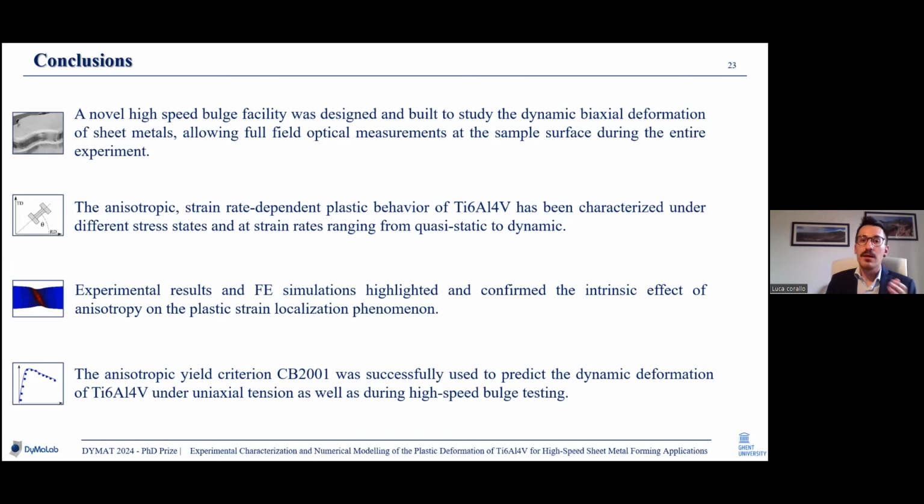Experimental results and finite element simulation highlighted and confirmed the intrinsic effect of anisotropy on the plastic strain localization phenomena. And finally, the anisotropic yield criterion CP2001 was successfully used to predict the dynamic deformation of Ti6Al4V under uniaxial tension, as well as during high-speed bulge testing.